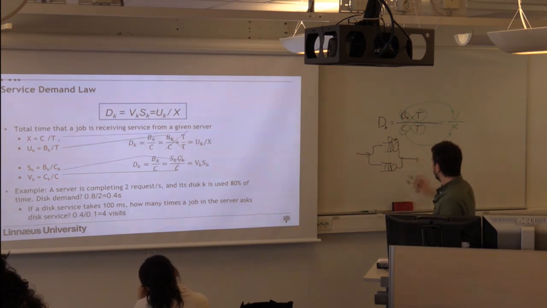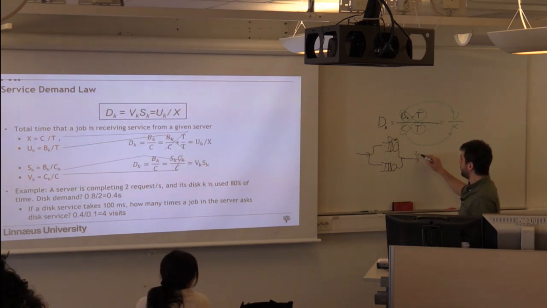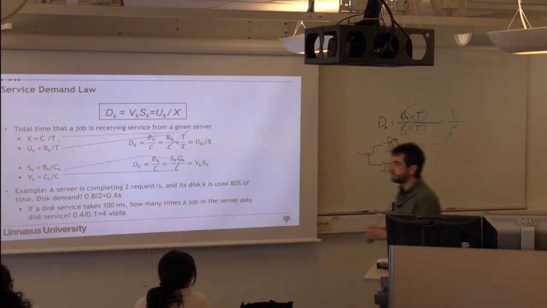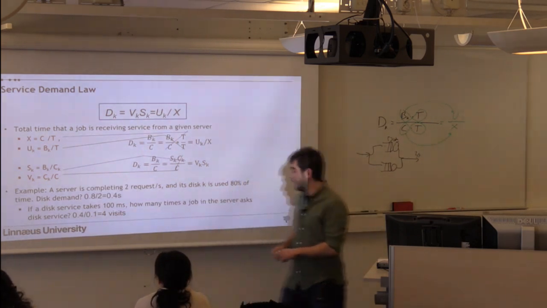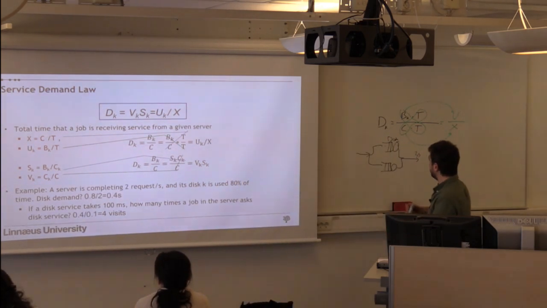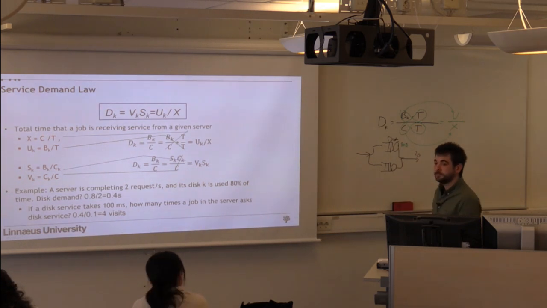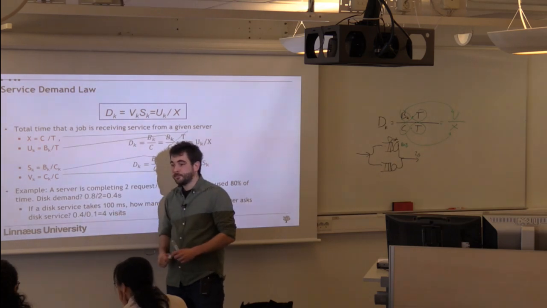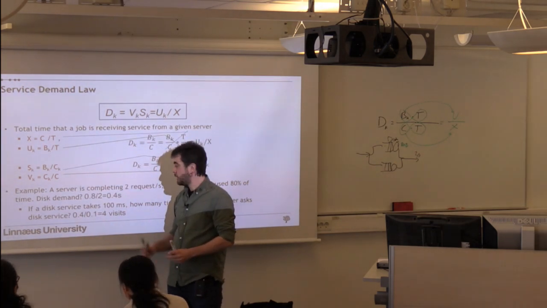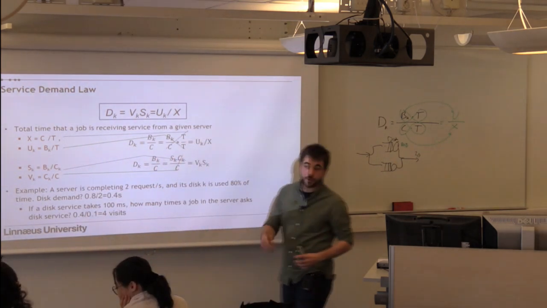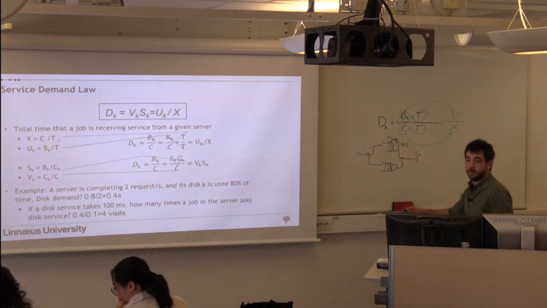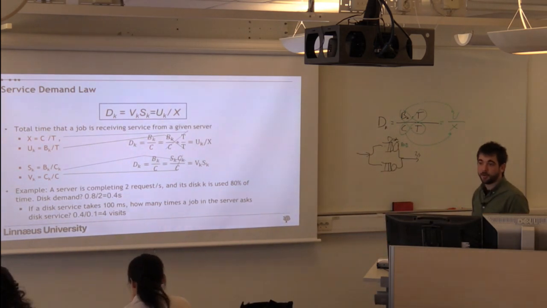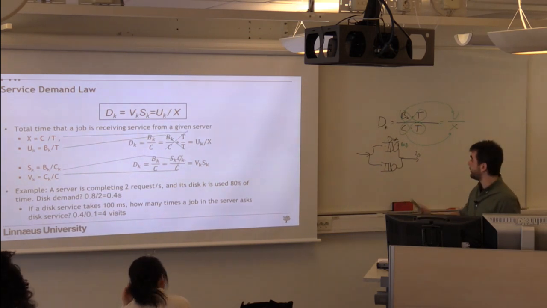Here we are observing 2 per second, and we are observing that the disk is at 80% utilization. The disk demand, the average of each request, is still 0.4. What does it mean? That some of them require 0 and some of them require more, but on average, each job requires 0.4.